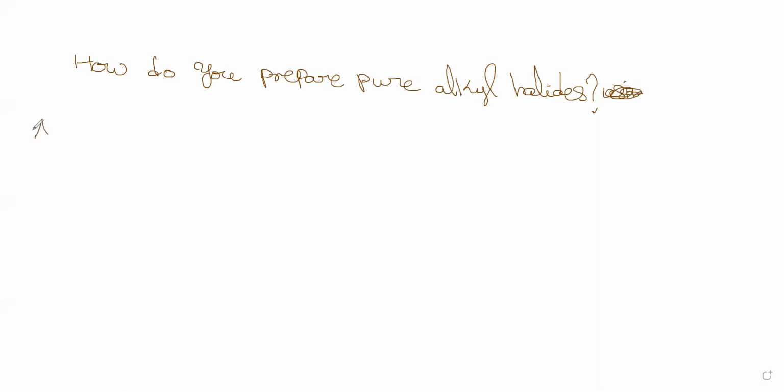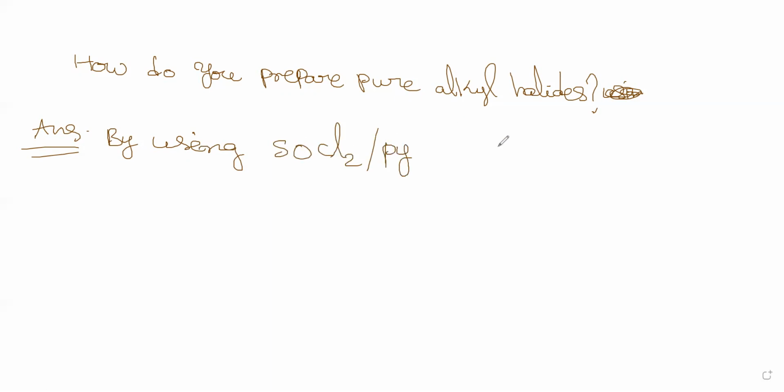This is done by using SOCl2 and pyridine. What is pyridine? You may not be knowing about it. Pyridine is like a benzene ring with nitrogen, where nitrogen is substituted instead of one carbon. Such a thing is called pyridine. It is slightly basic in nature. And SOCl2 is called thionyl chloride.